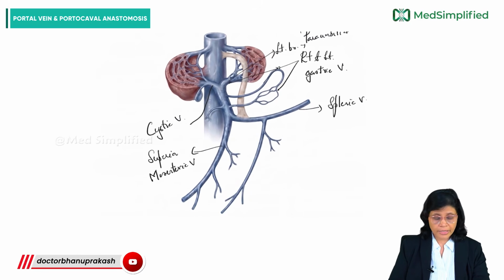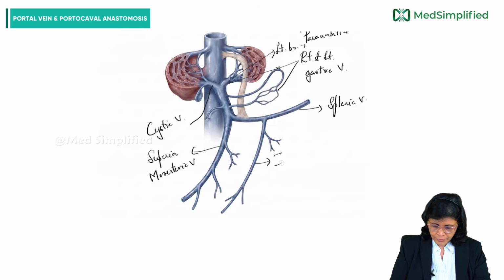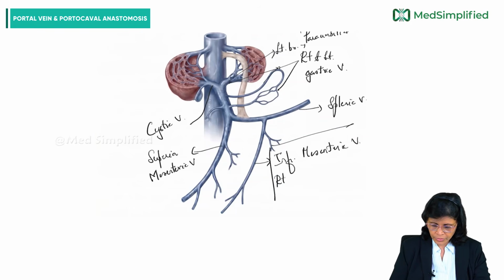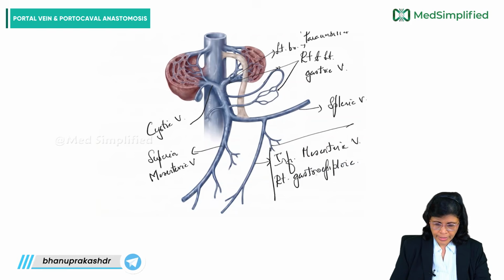Other than this, sometimes we can also see the inferior mesenteric vein, which may open into the portal vein, and the right gastroepiploic vein and the prepyloric vein of Mayo.